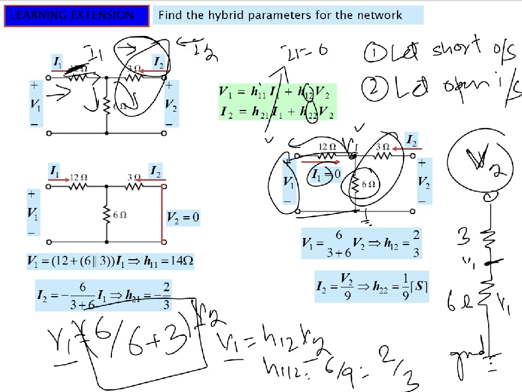Now coming towards H22. H22 is actually I2 by V2. So I by V is the admittance. So we can say that it is either the output admittance or a hybrid parameter that involves the output values.